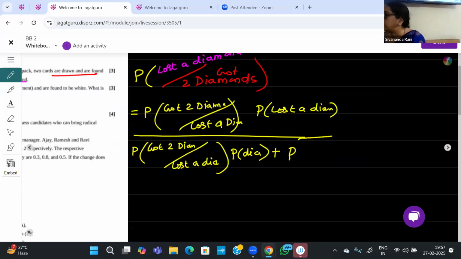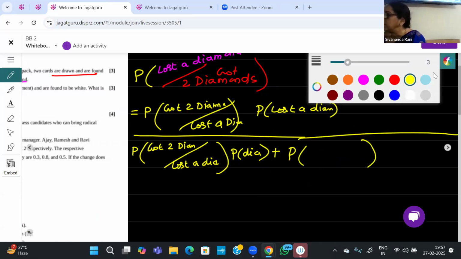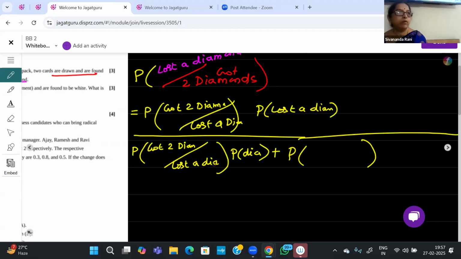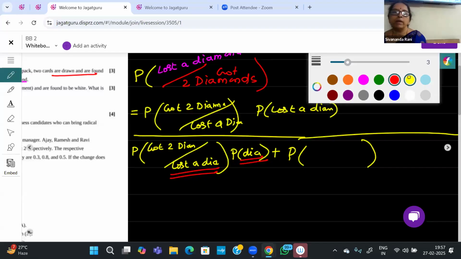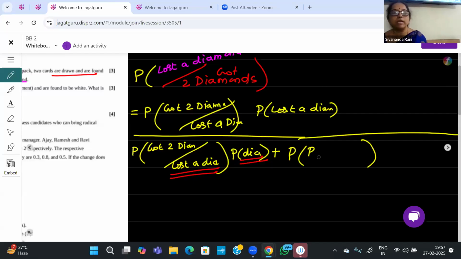What is the second possibility? What do we change here? We retain the numerator. Did you know that in Bayes' theorem, we always retain the numerator. We change the denominator only, giving the other possibility. What is the other possibility?